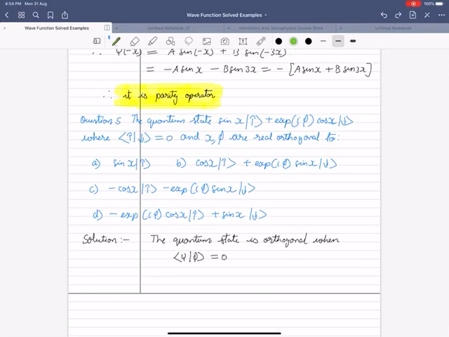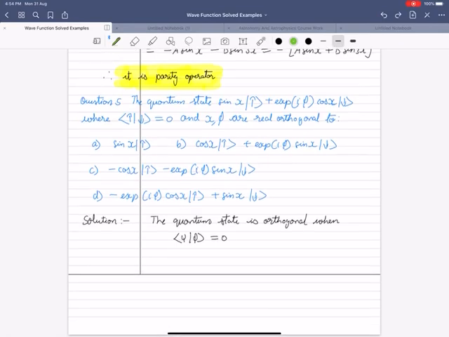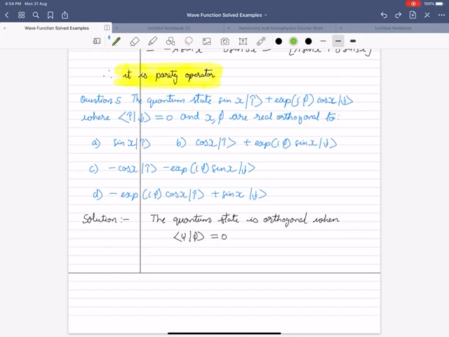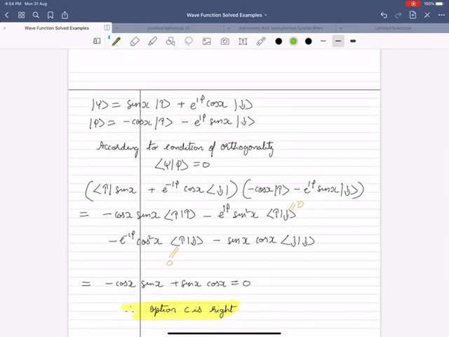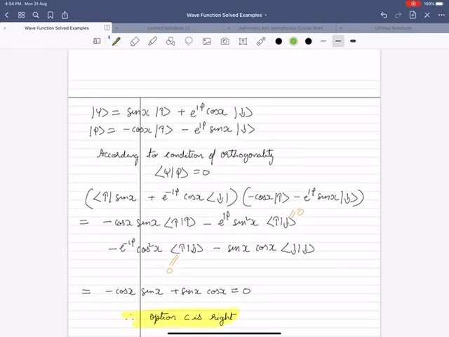Okay, so actually what we have to do is show that psi phi is equal to 0. This you have to show. So now I will move on. Okay, I have written psi in ket form, sine x, and phi also in ket.